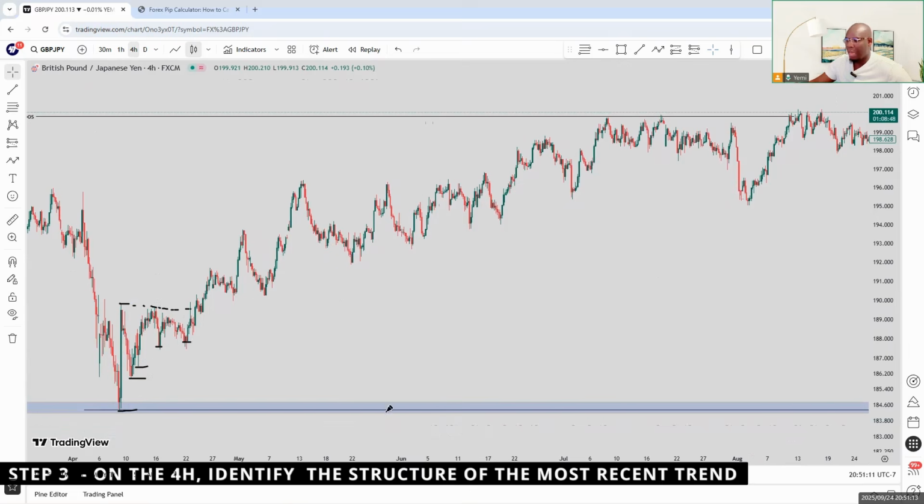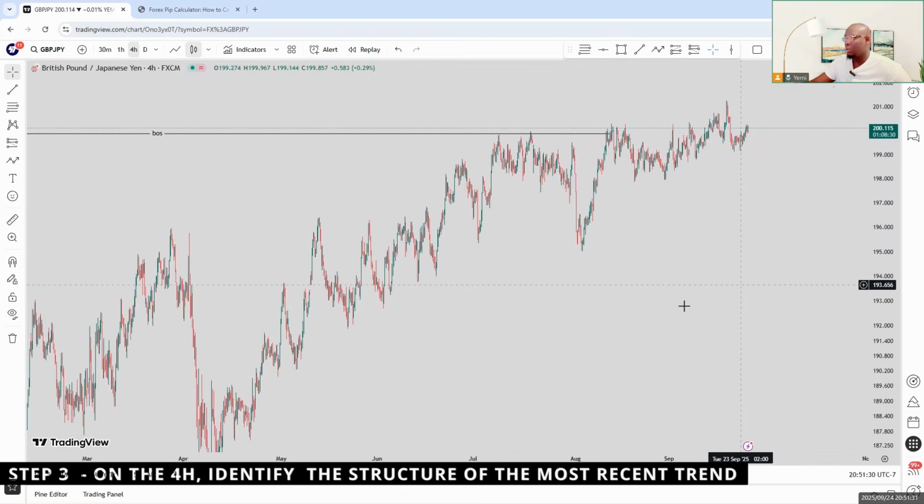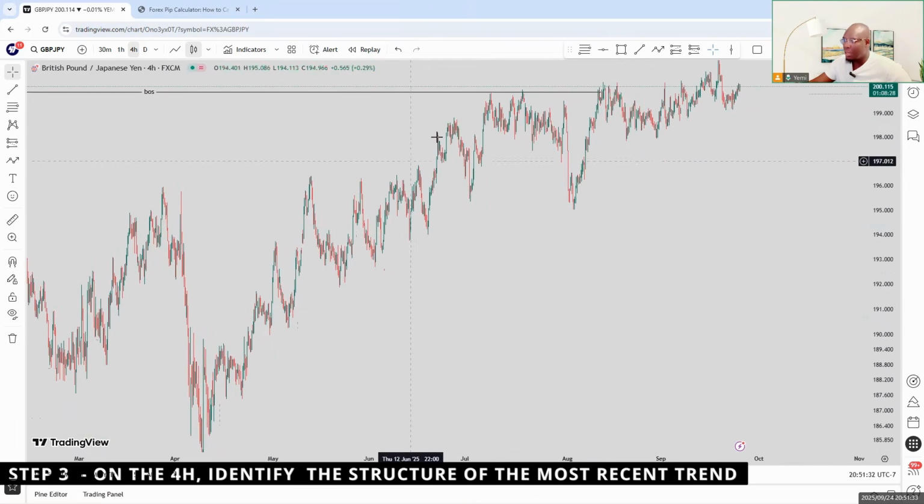Remember, we want to identify the major structures. So what we can see right here are just these majors. The market starts to form into the higher low, and then we start to have all the structure until we got to this point. Again, like we did on the daily time frame, we don't need all this structure.